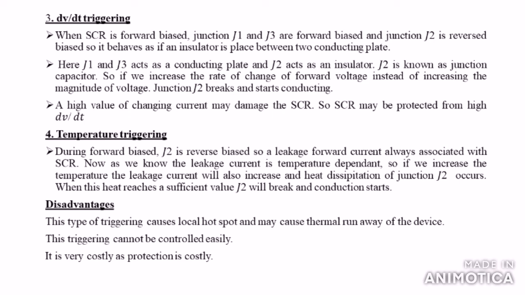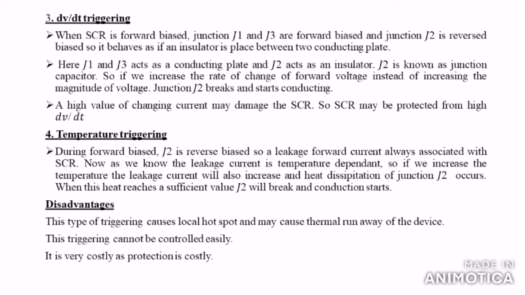Next we will see temperature triggering. In this method, again the device will be in the forward biased condition. Under this condition, as we all know, J2 is reverse biased. When the temperature of the reverse biased junction is increased, the leakage current flowing through the device also increases.